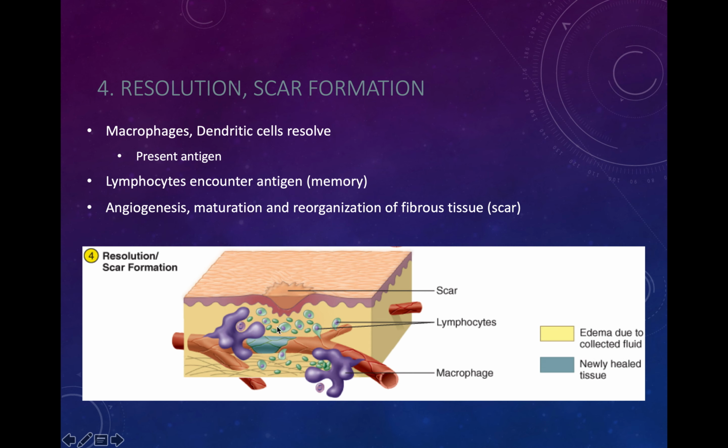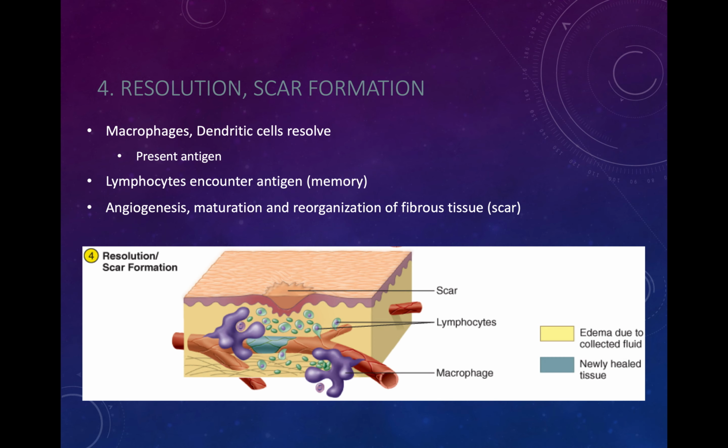Not necessarily arrive from other areas, but any B and T cell that has memory to those same invading bacteria undergoes this proliferation process, and then essentially they go out and come back again as a huge clonal army, and they can attack any of those invading pathogens with a high degree of specificity. And then for repair, we have now scar formation. This is reorganization of fibrous tissue, and then angiogenesis, which is healing of those blood vessels. So any of those ruptured blood vessels will get fixed at this point.